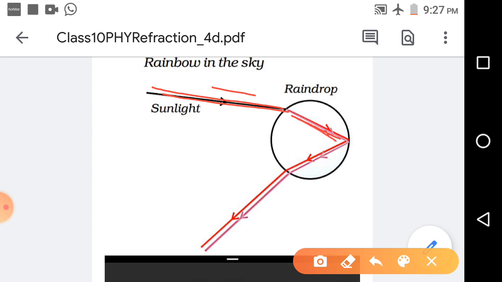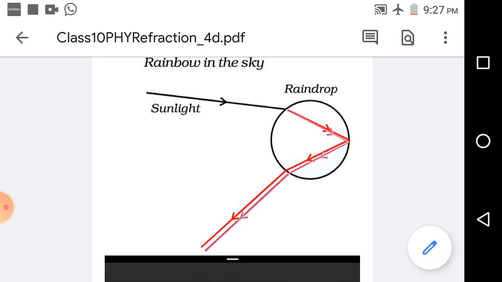This raindrop is a water medium. Now inside the water, this one is the denser medium. Remember that inside the water it is traveling from a denser medium, and here it is incident with an angle greater than the critical angle, and this is the interface of air. This one is air medium, and inside the raindrop there is a denser medium, water.